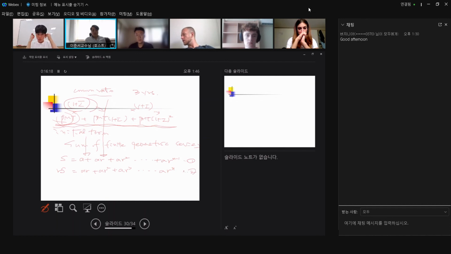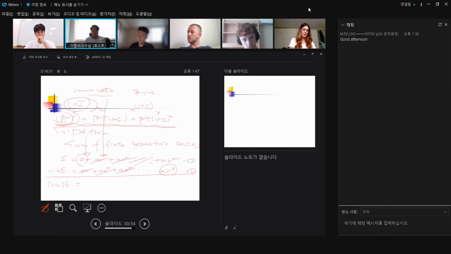So if we subtract equation 1 from equation 2, then on the left-hand side we get (R minus 1) times S. On the right-hand side, except for the AR to the power of n and the A, the other terms are wiped out, right? AR minus AR, AR squared minus AR squared, AR to the power of 3 minus AR to the power of 3.